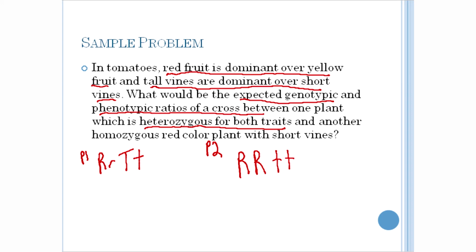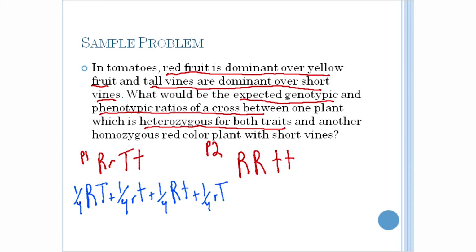For parent 1, big R, big T, 1/4 plus 1/4 little r, little t, plus 1/4 big R, little t, plus 1/4 little r, big T. That's for parent 1.